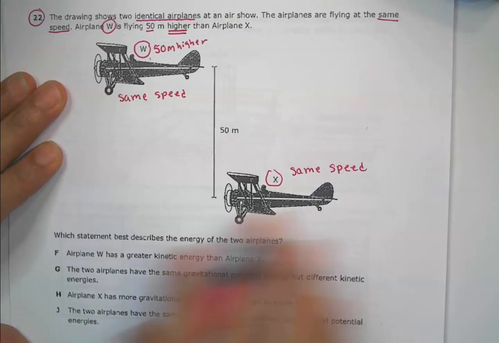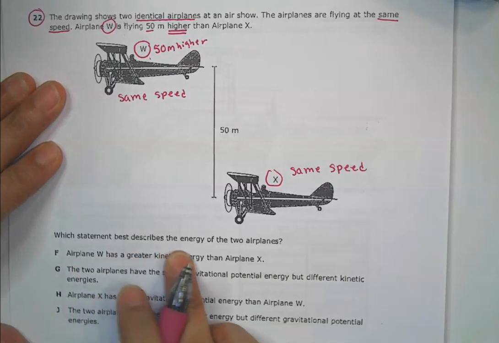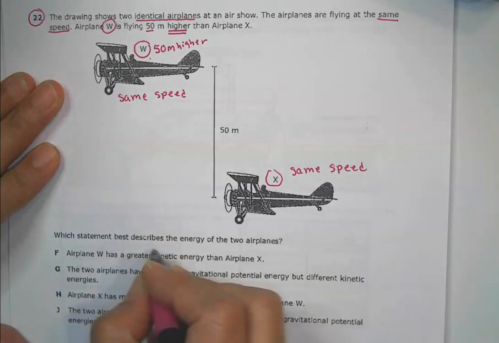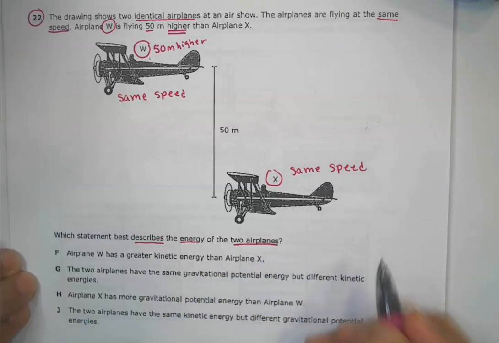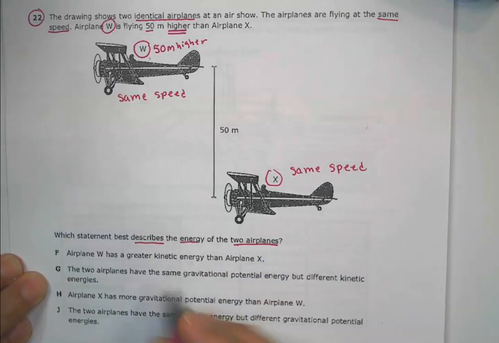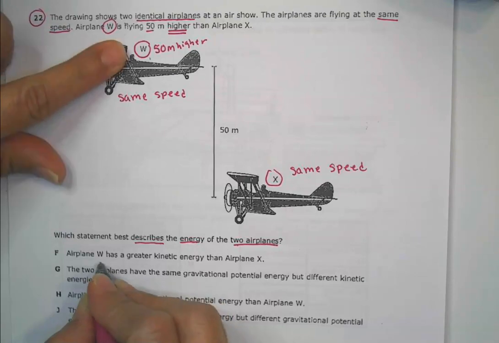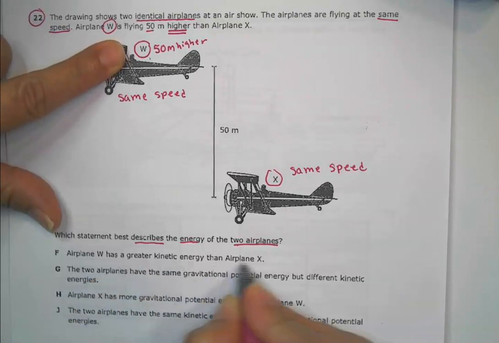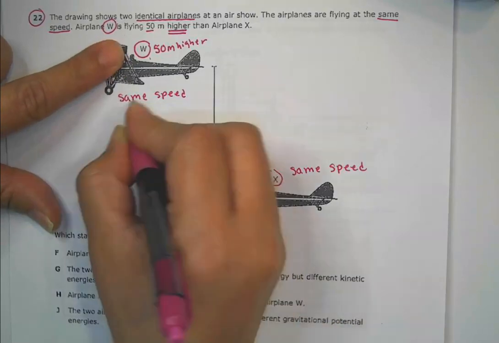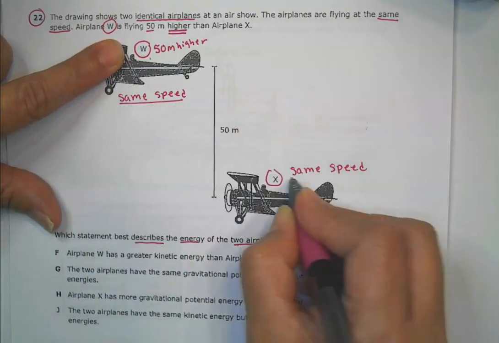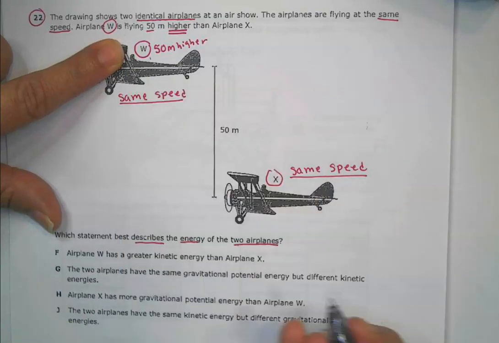So it says, which statement best describes the energy of the 2 airplanes? So I want to describe the energy of the 2 airplanes. Let's look at the possible answers. Airplane W, which is over here, has a greater kinetic energy than airplane X. If they're going at the same speed, I have the same kinetic energy.